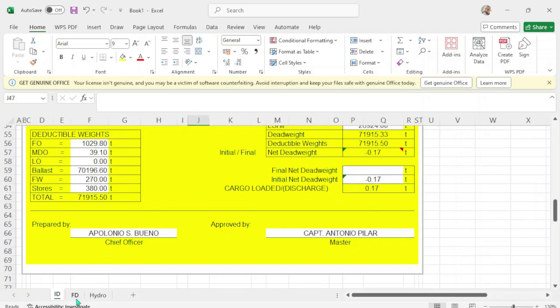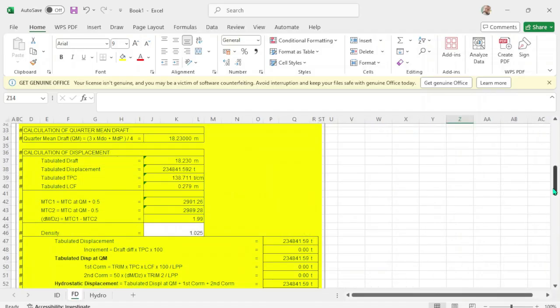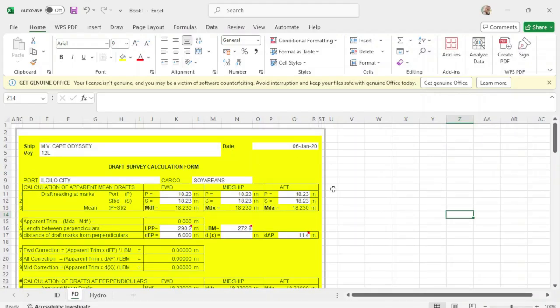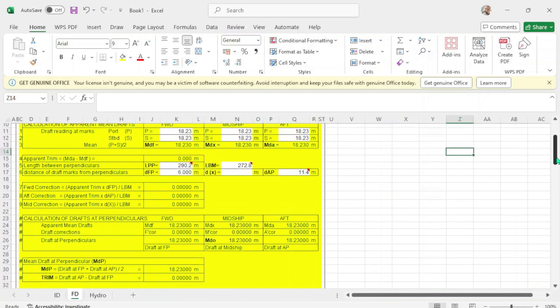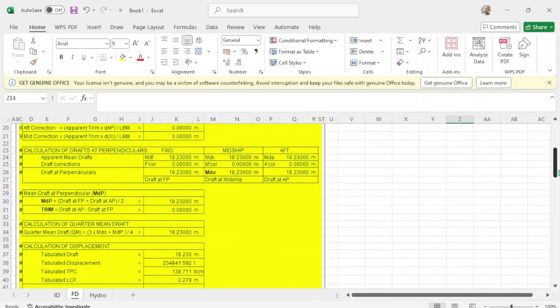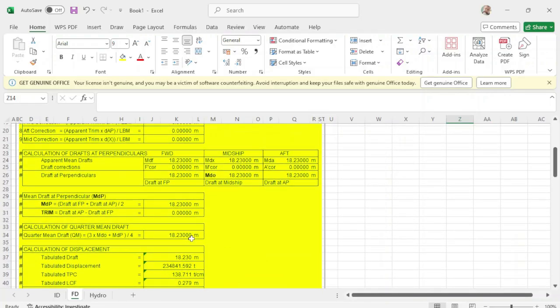Then we go to the final draft. We say you have already completed loading. This is your final draft after completed loading, and this will be your quarter mean and your tabulated draft.